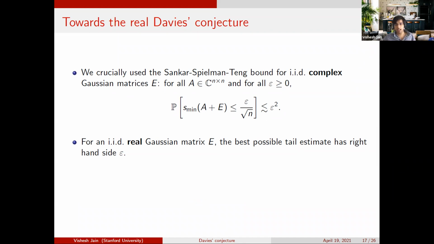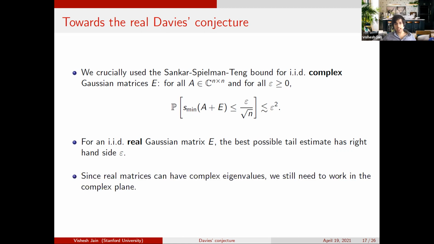In the complex case, we have this decay as epsilon squared, but if I have a real Gaussian matrix, the best tail estimate would have epsilon on the right hand side. This is because the real Gaussian has constant density around 0, so in an interval of length epsilon, there's probability epsilon that you find it. So this is the issue.